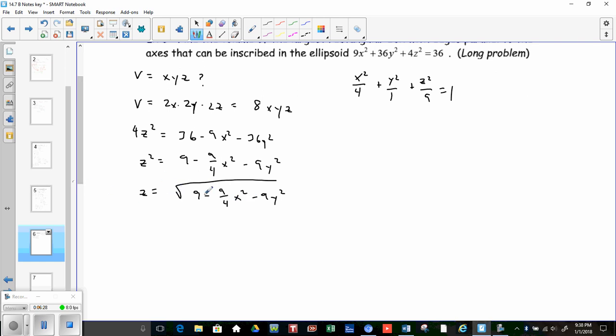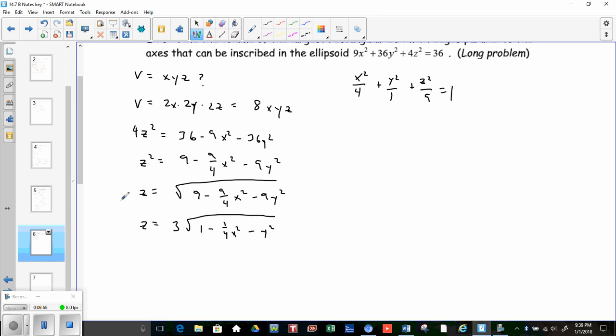So what we can do, however, is I see a 9 in every one of these things. We can factor the 9 out and then take that out to the front of the square root as a 3. So factoring that 9 out of everything and taking the square root of it, we can write 3 square root of 1 minus 1/4 x squared minus y squared. So this is our equation for z.